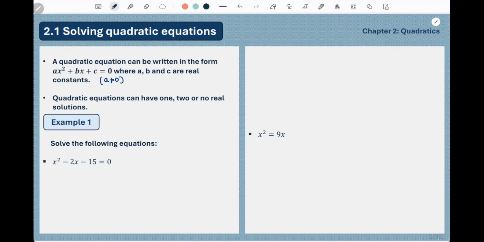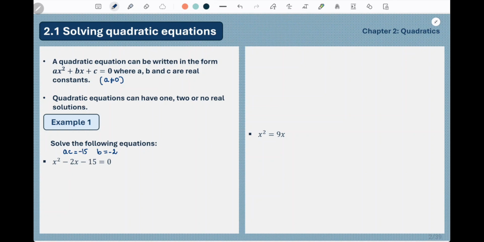So I need to find two numbers that when you multiply them together give you minus 15, and when you add them together give you minus 2. Such numbers exist.